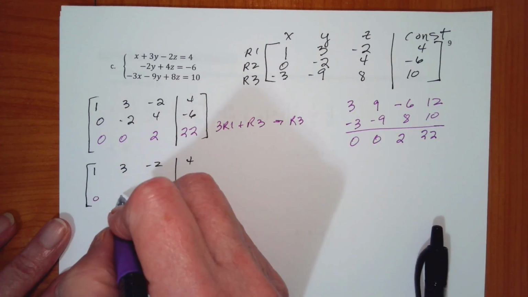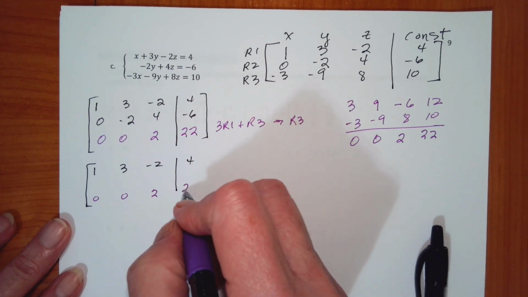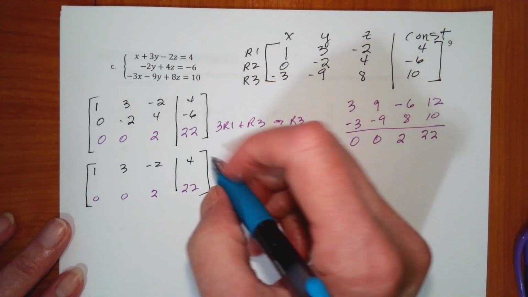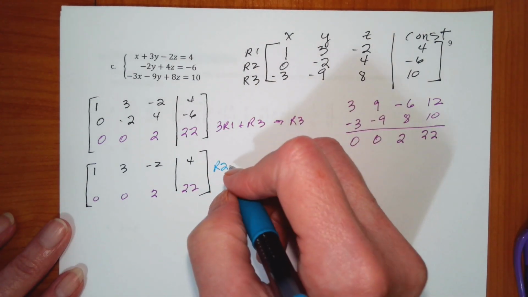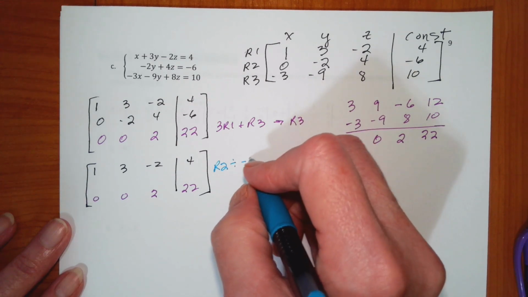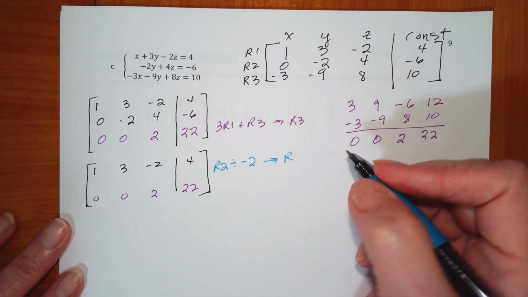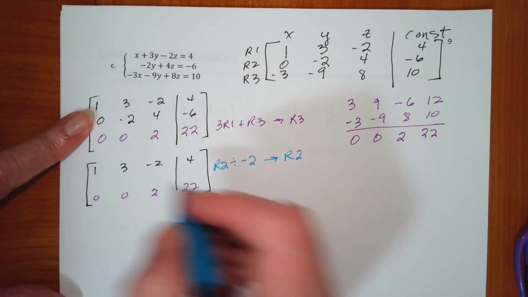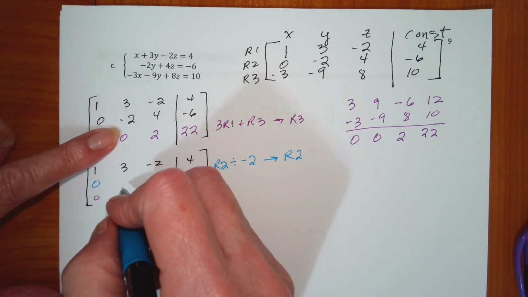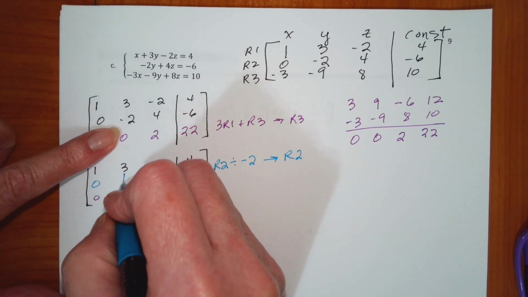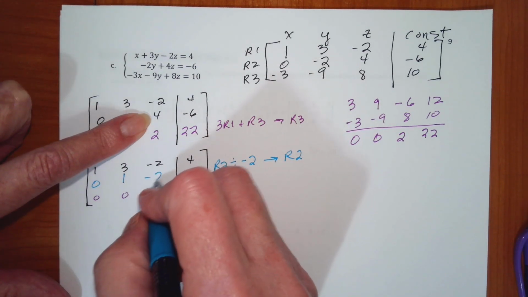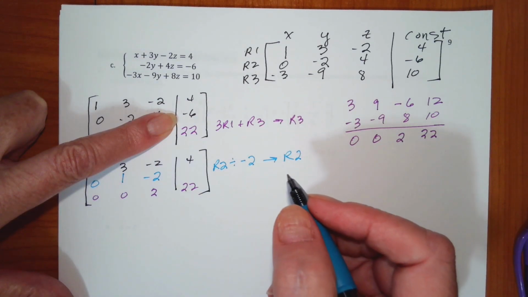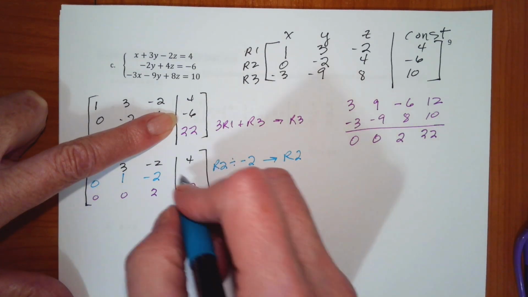I'm just going to take R2 divided by negative 2 and put that into R2. So 0 divided by negative 2 is 0. Negative 2 divided by negative 2 is 1. 4 divided by negative 2 is negative 2. And finally, negative 6 divided by negative 2 is 3.